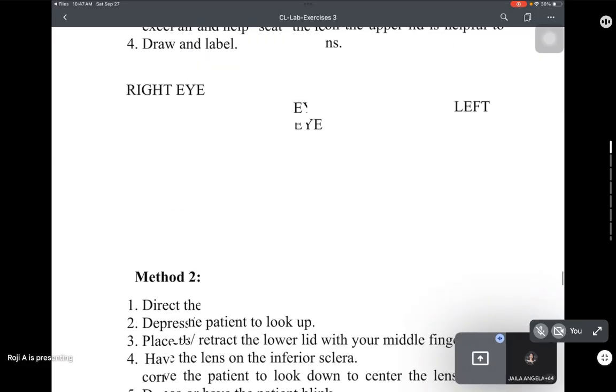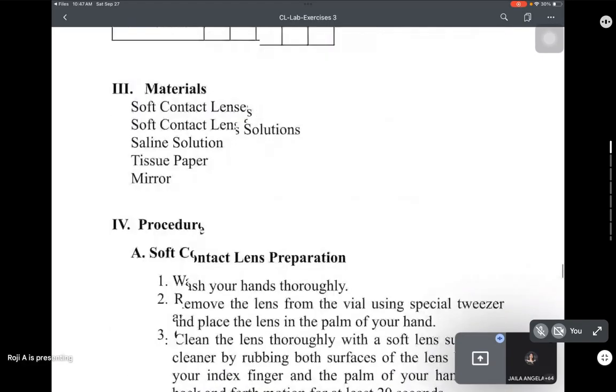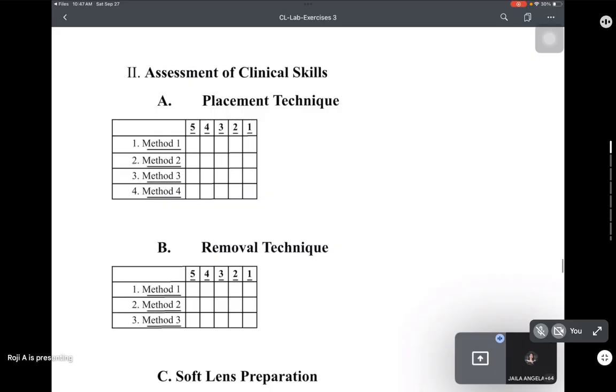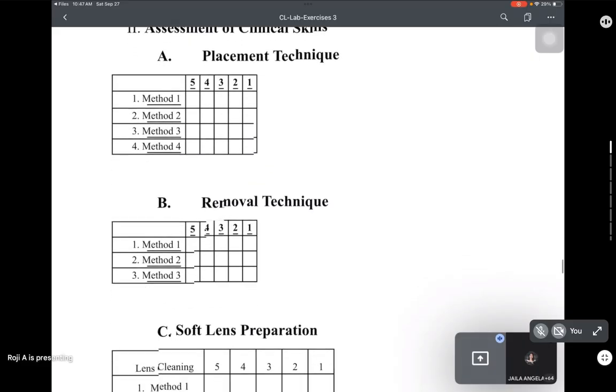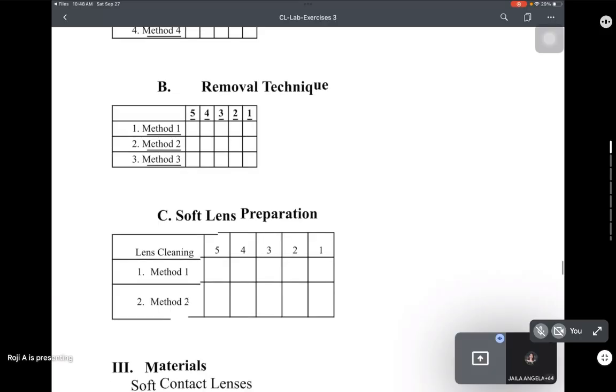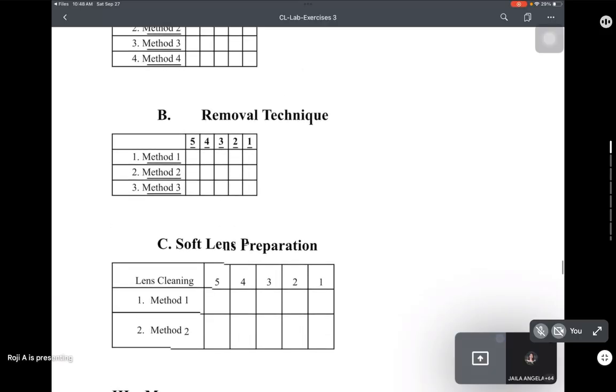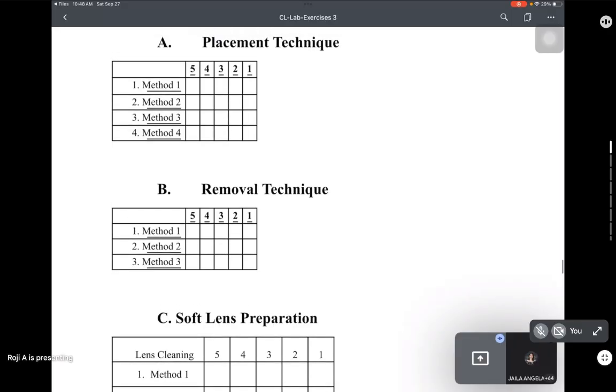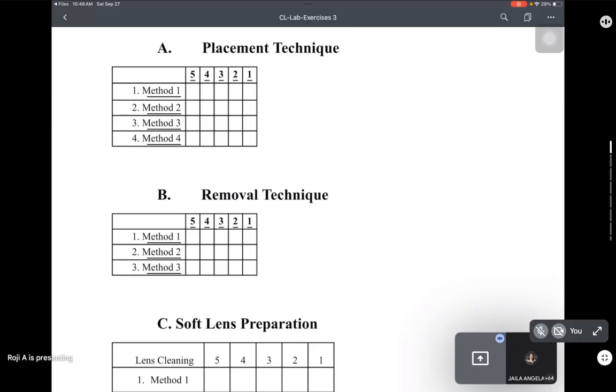So this is something that you are to document, right? You have your placement method, 5 4 3 2 1, removal technique, 5 4 3 2 1. What is that? Highest rate is 5, the least is 1. So moving forward, this is what we're going to use.